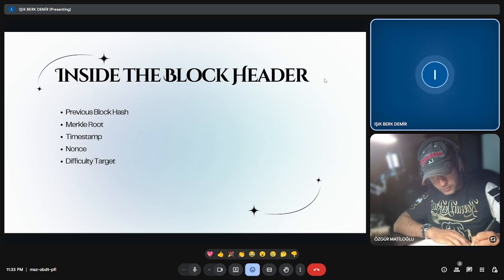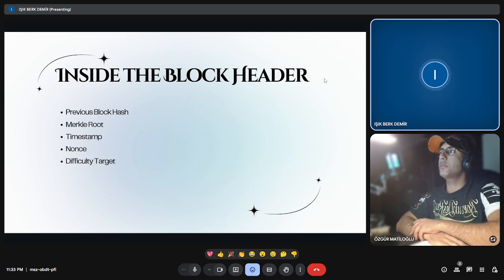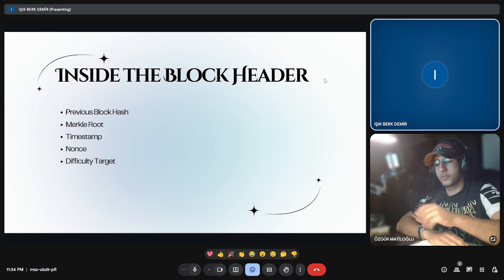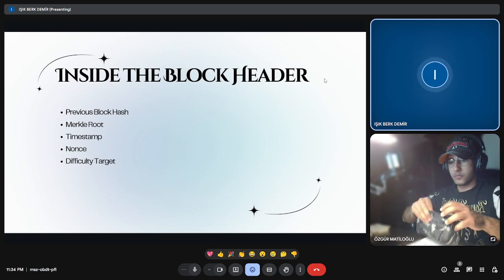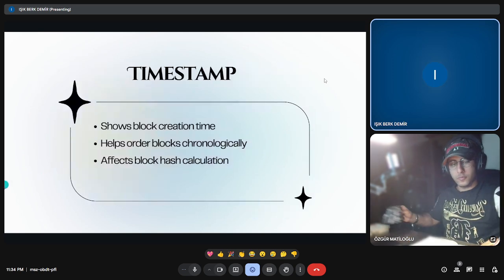The timestamp, which records when the block was created. The nonce, a random value that miners change to find a valid block hash. And finally, the difficulty target, which I'll explain in detail shortly. Together, these elements ensure the block is unique and secure.